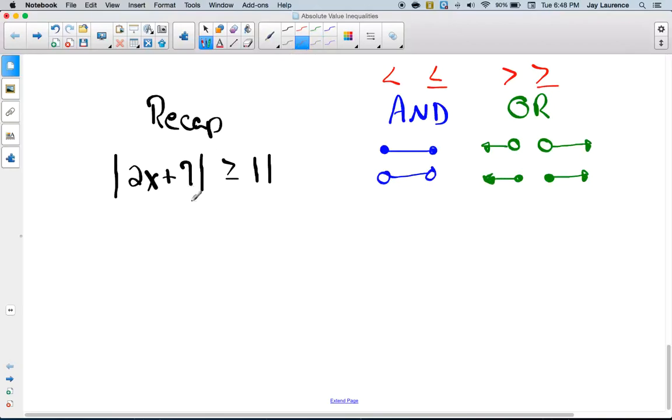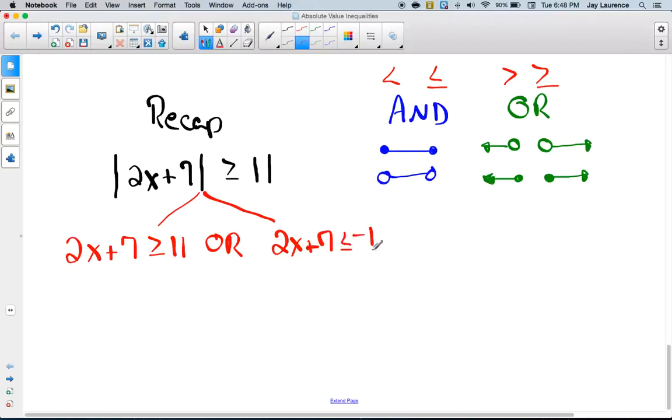The first thing we do is translate the absolute value. And so I write down 2x plus 7 greater than or equal to 11. It's an or statement. And then over here I write 2x plus 7, and that's less than or equal to -11.